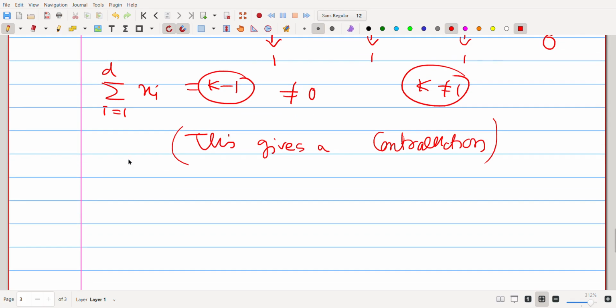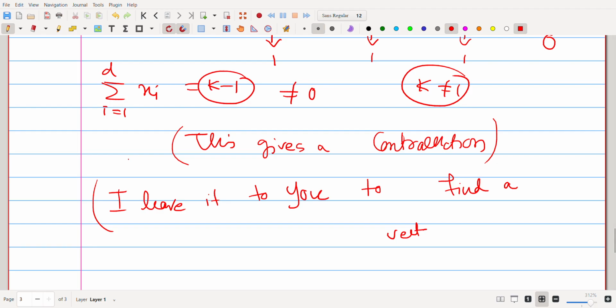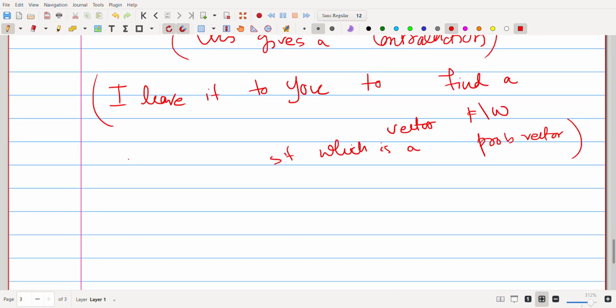Now you are done. Now I leave it to you to find a vector from F minus W which is a probability vector. Or should I tell that? Okay, let's tell that.